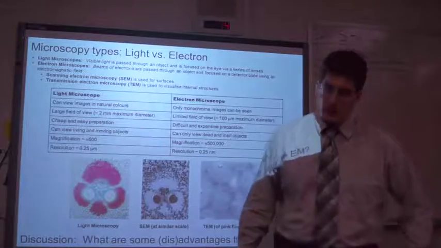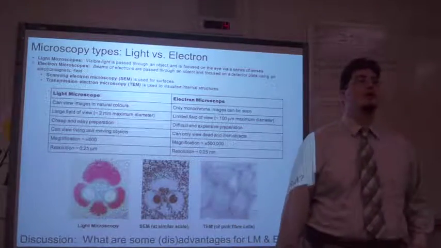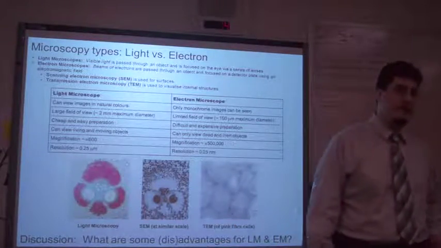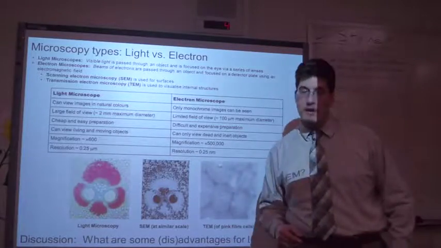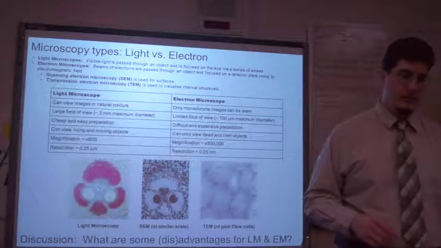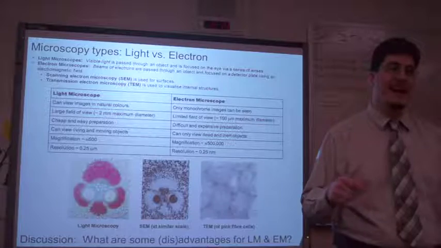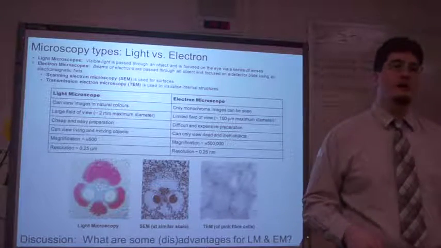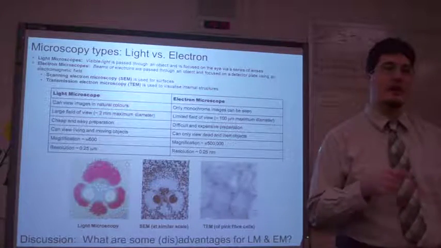Light microscope, you cannot view living things in an electron microscope. They will be dead as soon as you try to view them, because you are firing beams of electrons at them.